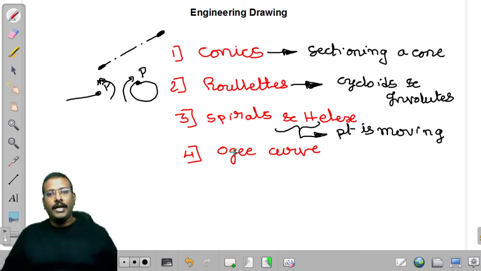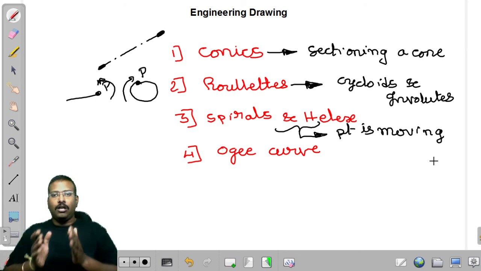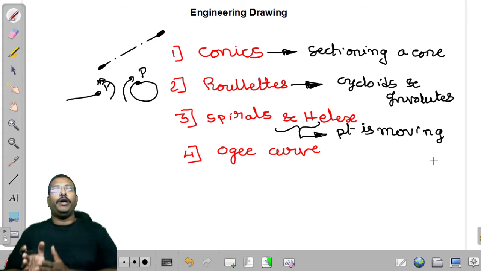If it is moving along a two-dimensional object, then we get a spiral. If it is moving along a three-dimensional object, we will get a helix. So in both the cases, the common parameter is the moving point. Point is moving. That's why they are called spiral and helix.